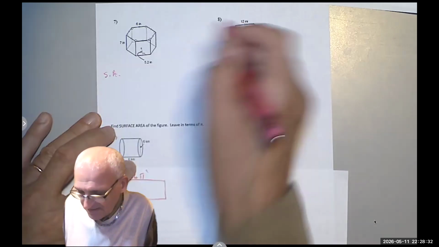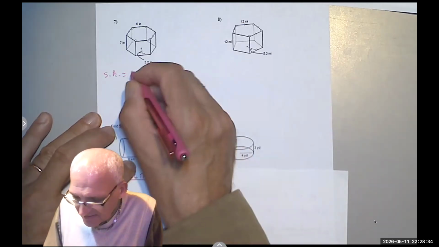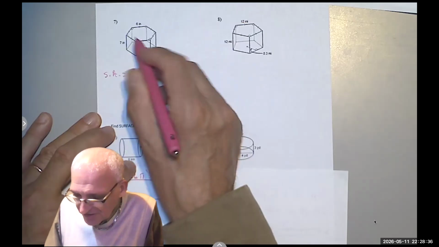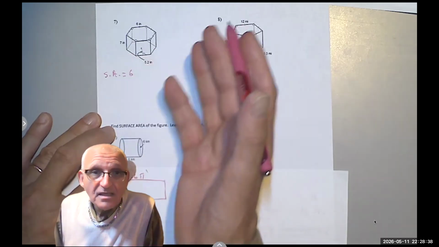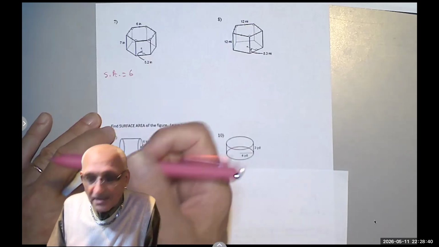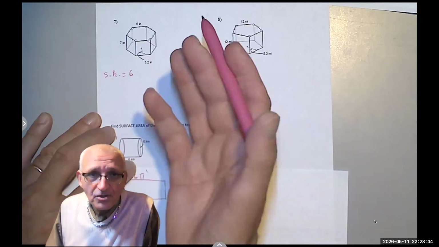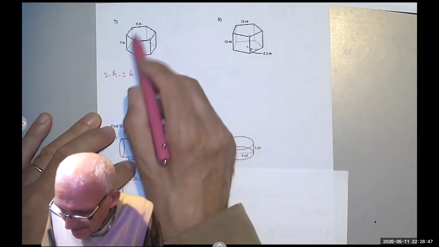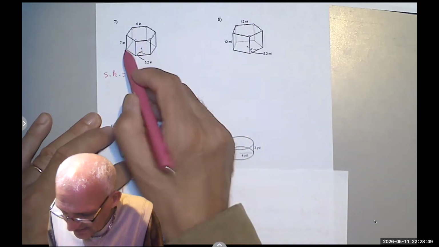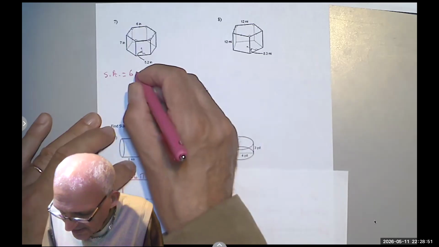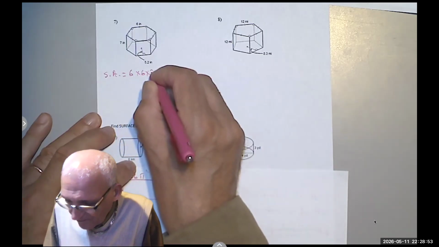Notice here they still want the surface area. So I get 6 times each rectangle. And since it's a regular hexagon, then all the faces are congruent. The base is 6 and the height is 7. So 6 of them, 6 times 6 times 7.